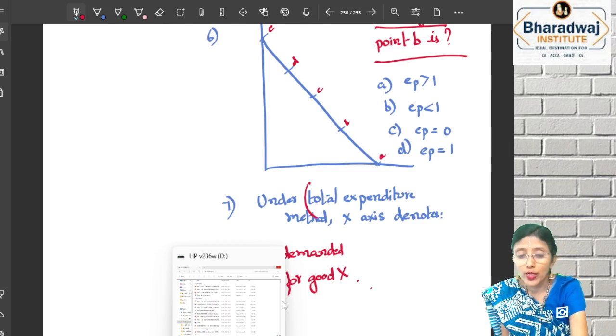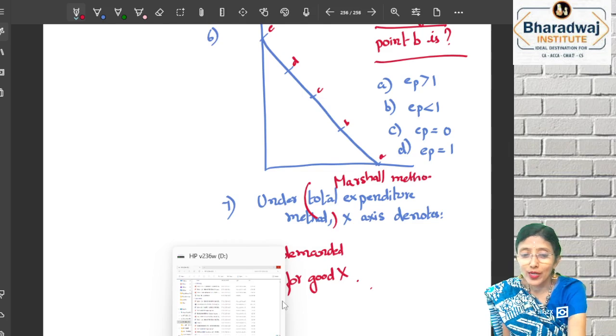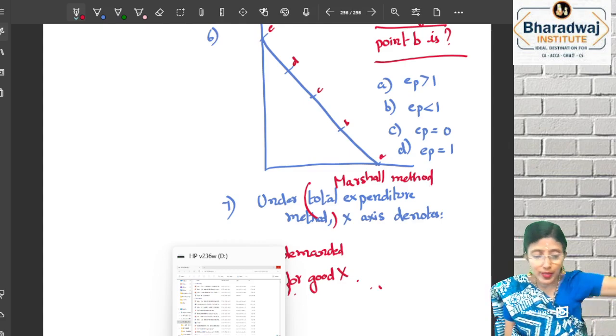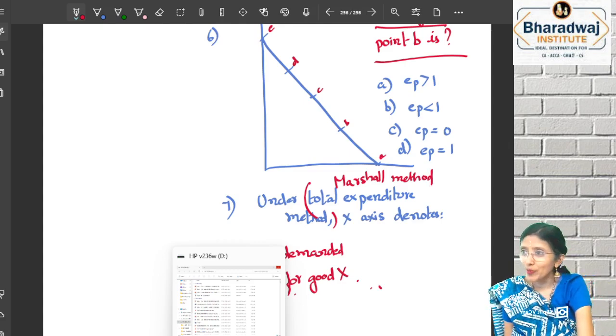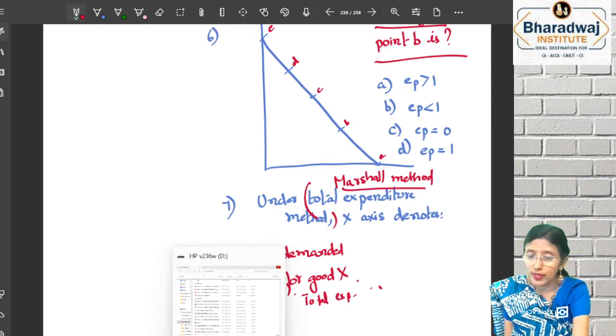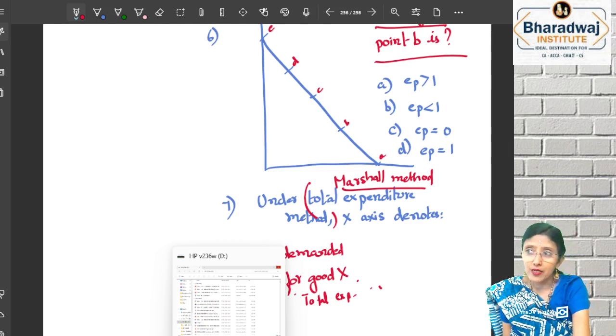They give you as Marshallian method. Under the Marshallian method of elasticity of demand, you know, the total expenditure method was given by Marshallian method. And C will be your total expenditure and D will be none of the above. So my answer is already there in the question.